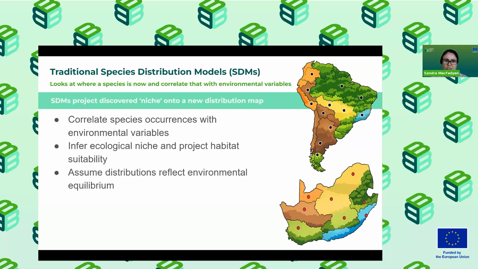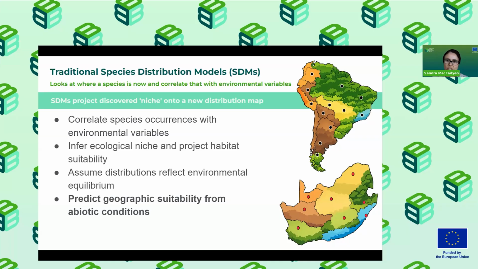So it assumes that these distributions reflect an environmental equilibrium, so it's something that's not changing. The species themselves are not altering the system. And it essentially then just predicts geographic suitability based on those abiotic conditions.